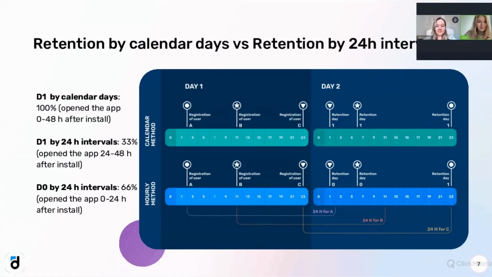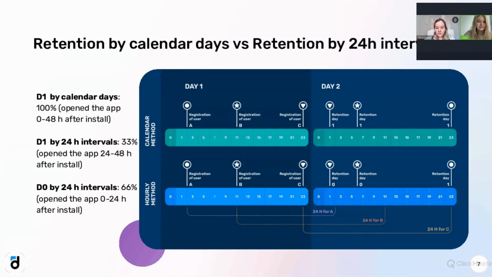We have another question about calendar retention. Can you explain when it's better to use calendar retention, and when 24 hours, and vice versa? 24-hour retention is useful for tracking short-term behavior and understanding user reaction after a promo or release.